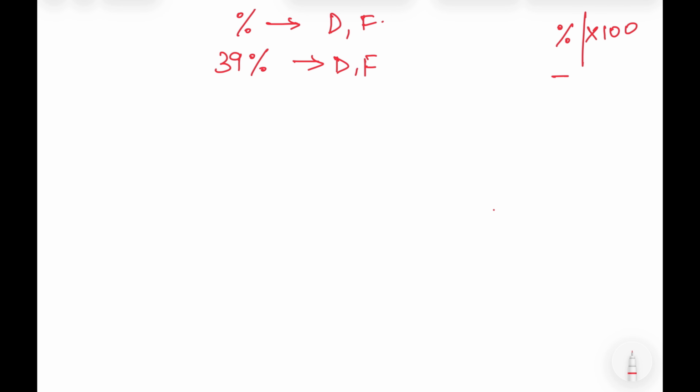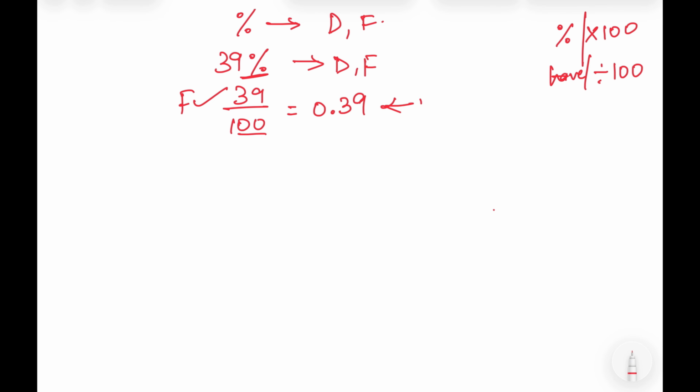When we have the percentage, we divide by 100. In this case, I already have percentage, so I'll do 39 divided by 100. This becomes my fraction, right? This is the fraction. And for converting this into decimal, it's very easy. It's 2 zeros down. Where will my decimal point lie? 0.39. So this is the decimal. So it's very easy to convert percentage into decimal or fraction.